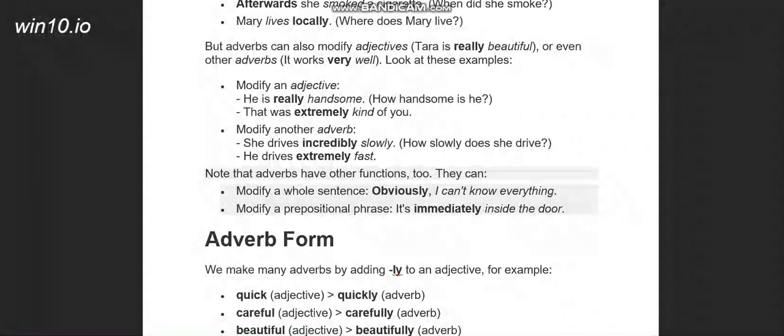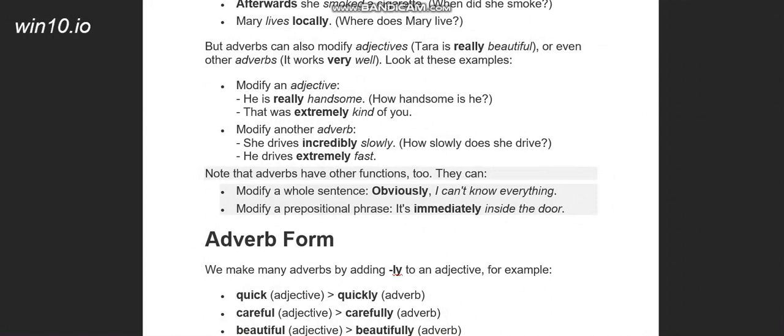Here, inside the door is our prepositional phrase, which is being modified by our adverb immediately. So we have seen, students, what adverbs are. Adverbs modify verbs, basically showing how verbs work.